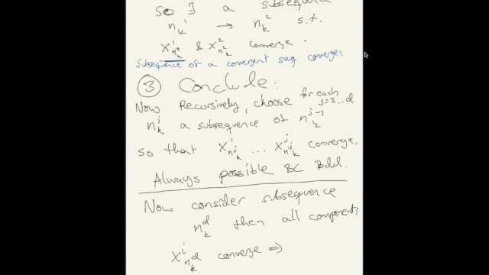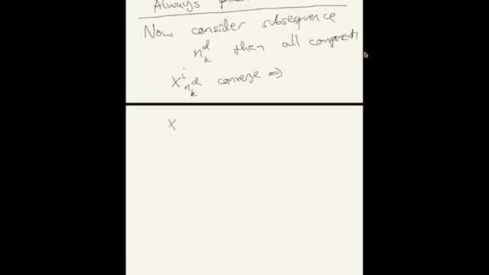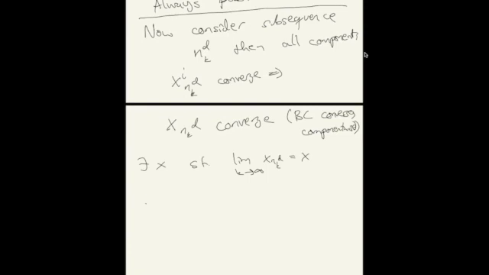So x_{n_k^d} converges because it converges component-wise. So there exists an x such that the limit as k goes to infinity of x_{n_k^d} is equal to x. And since K is closed, and this x is in R^d, x is in K, so x_{n_k^d} converges in K. This is what we wanted to show. We found a subsequence that converges.